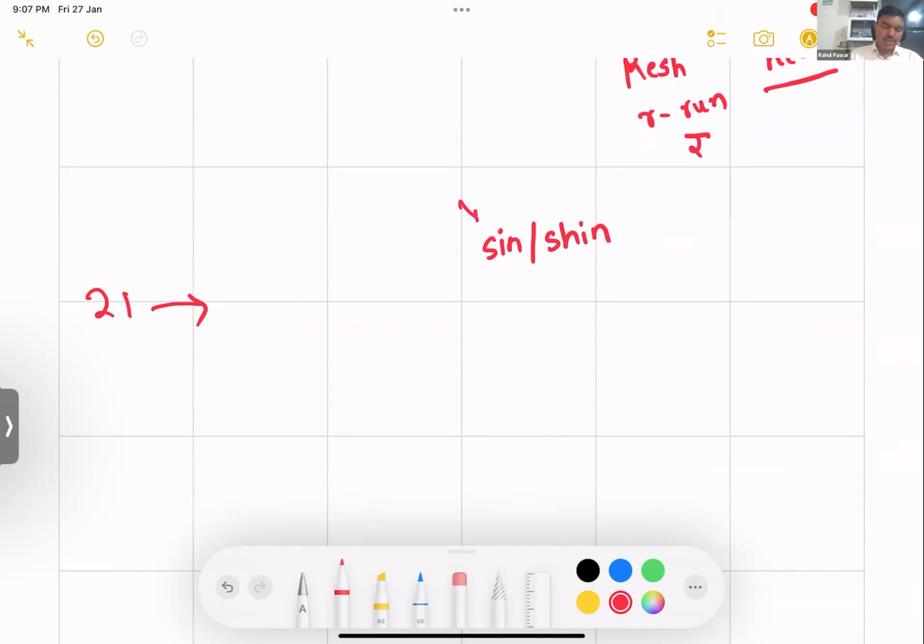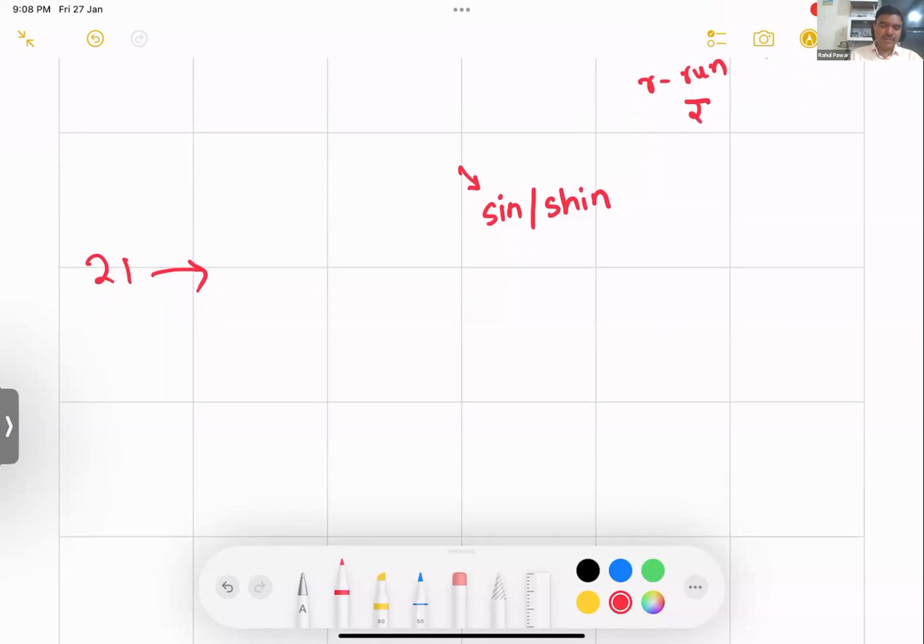This Sin is not the English sin that means wrongdoing. Sin or Shin is related to the 2 front teeth. Everyone look at me. The word Shen or Shin means 2 front teeth, and its shape is like that.